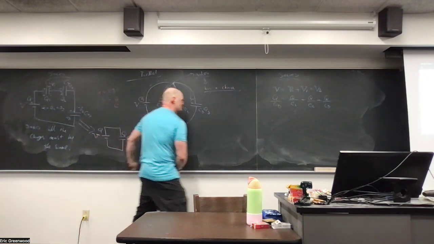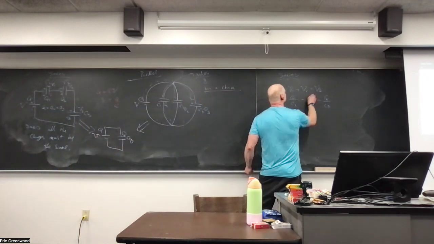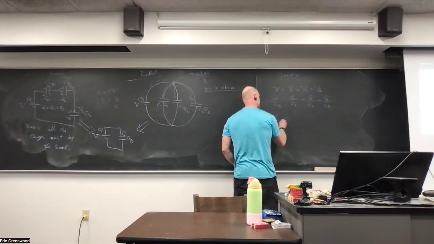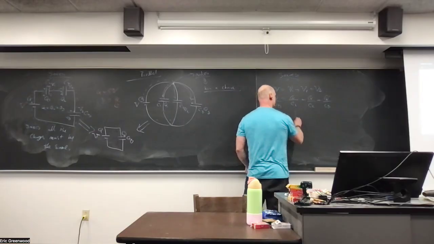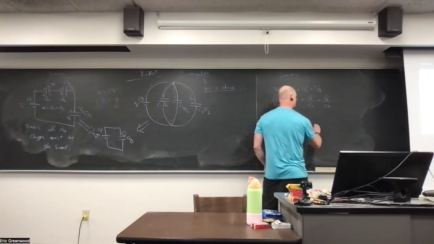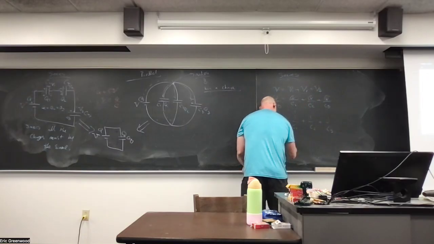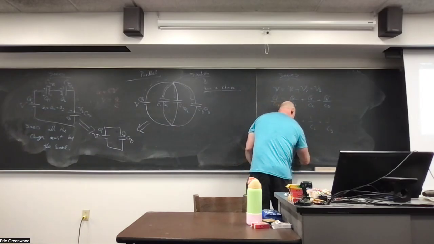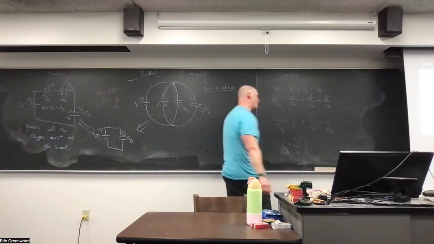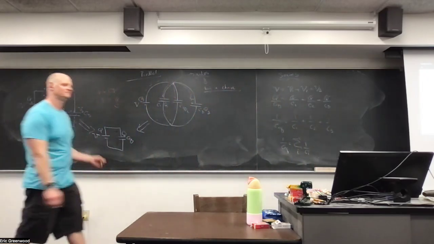So finally, we can cancel out the Q's. So what this finally tells us is that 1 over the equivalent capacitance is equal to 1 over C1 plus 1 over C2 plus 1 over C3, or in general, 1 over the equivalent capacitance is equal to the inverse sum of all the capacitances.